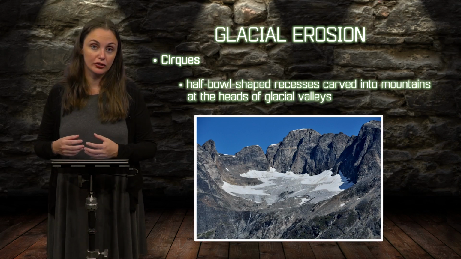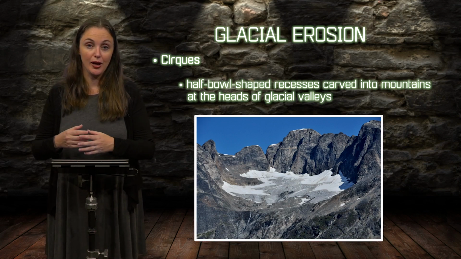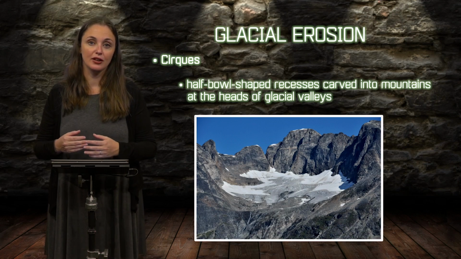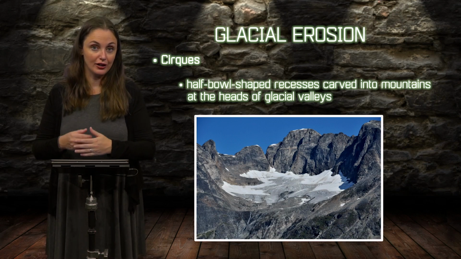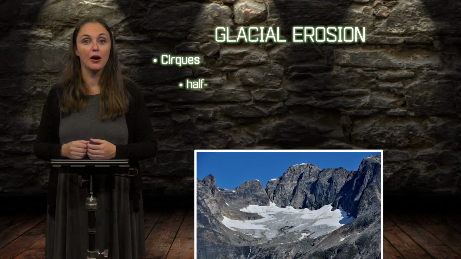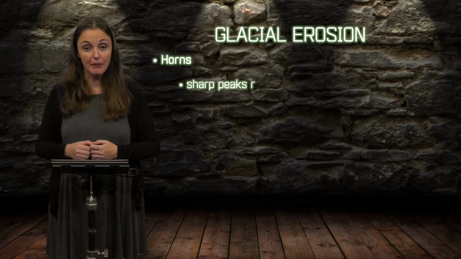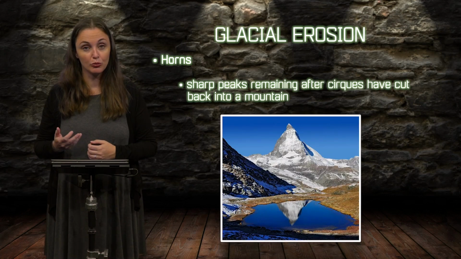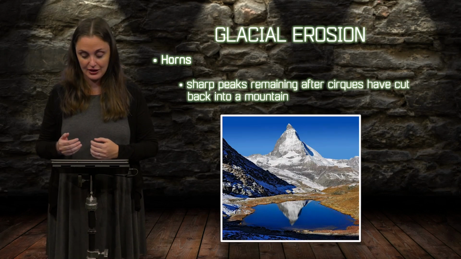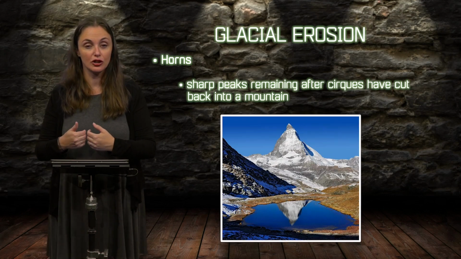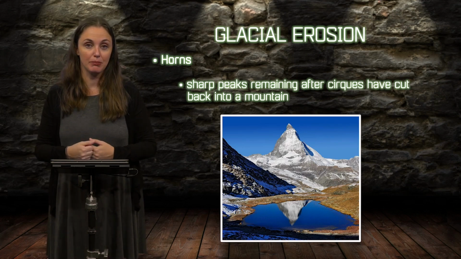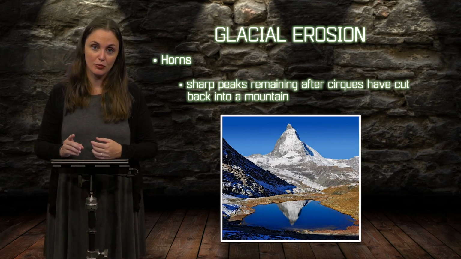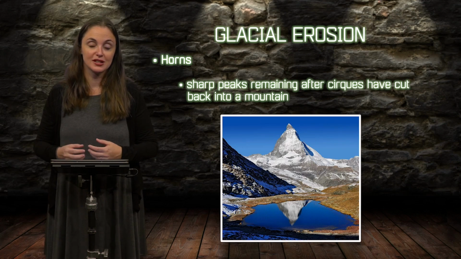When you have several cirques all carving back into the same mountainous peak, you can have flat features called arêtes form, or you can even have glacial horns. The Matterhorn in the Swiss Alps is one of these features, and it's essentially several glacial cirques all carved back into that same peak, leaving you with almost a finger pointing up towards the sky, thrust out of the earth itself.